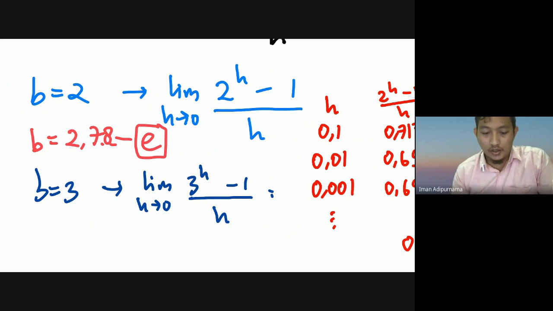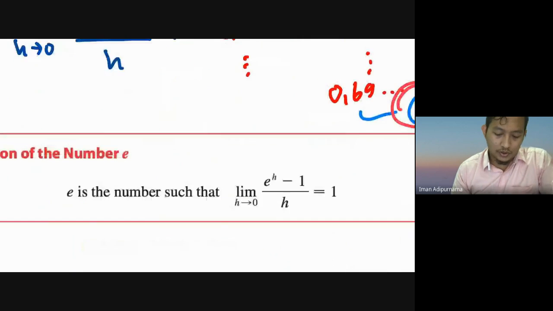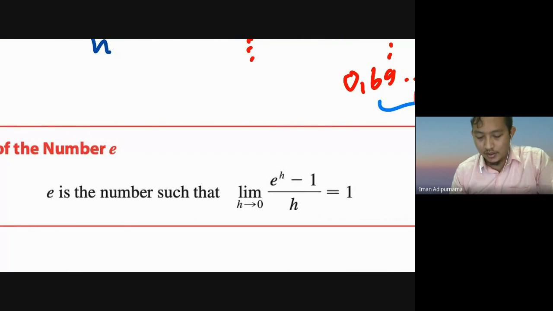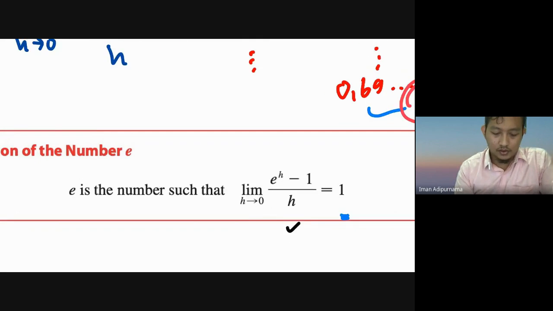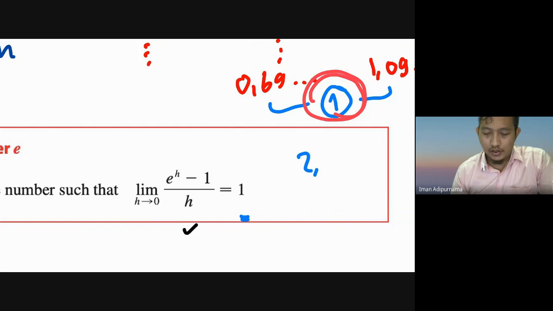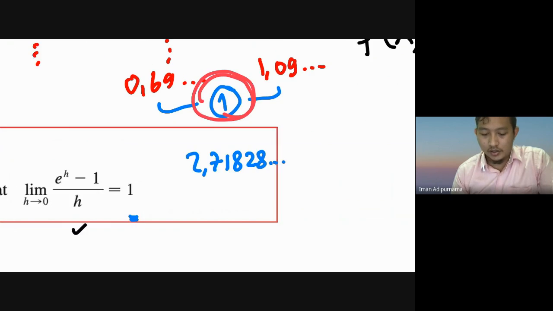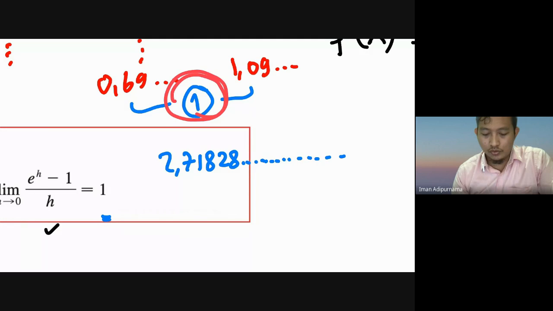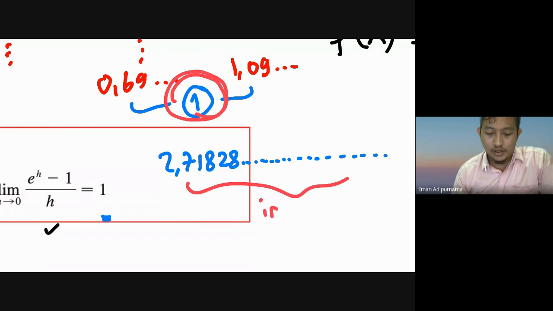So e is such a number that when you plug it into this definition here, it will be equal to 1. e is 2.7818, oh sorry, and it goes on for a lot of decimals. And we call this an irrational number.